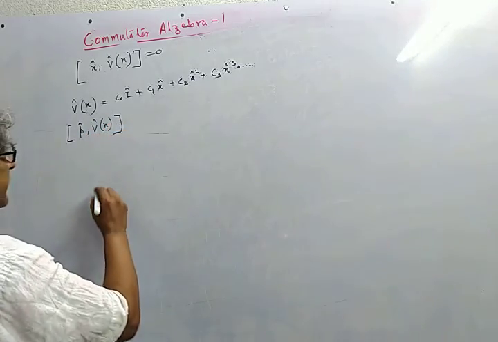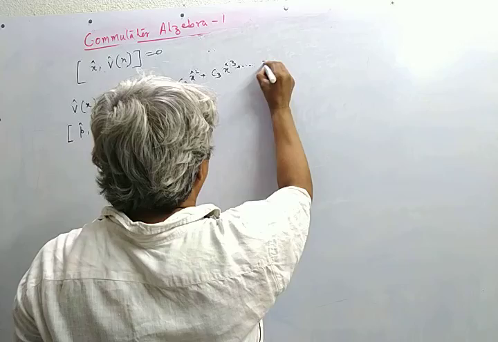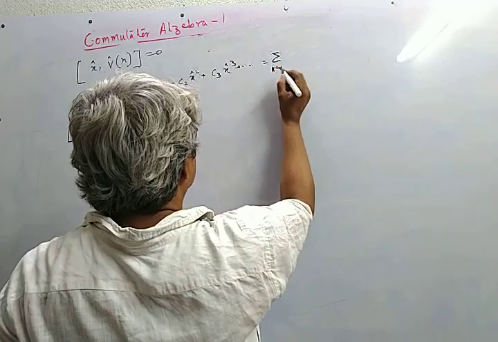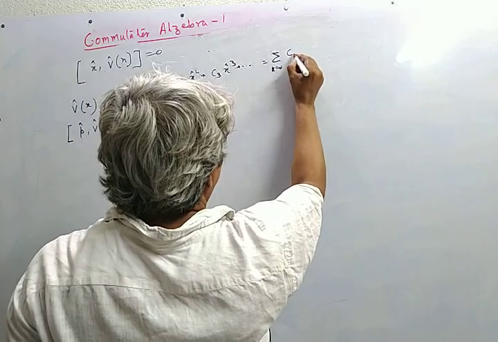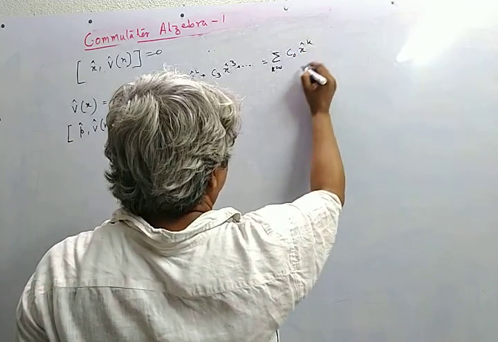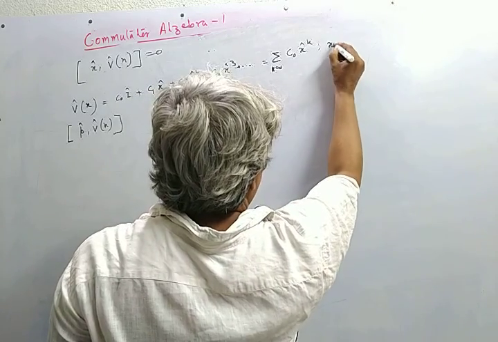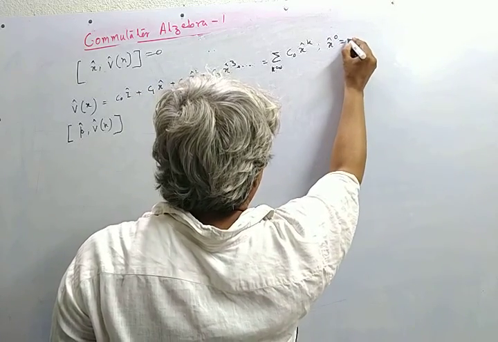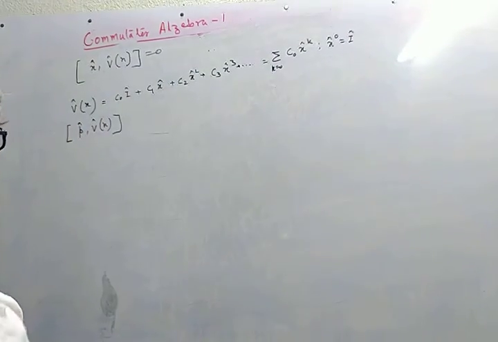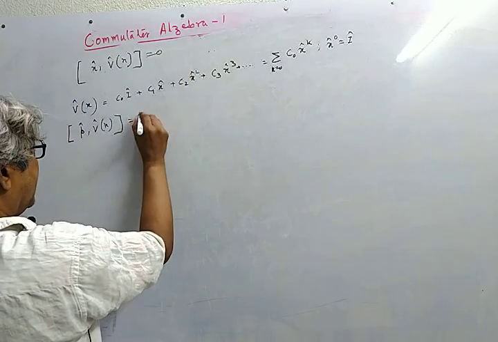Let me write it in a compact way, the sum over k equal to 0 of C0 x to the power k, where we identify x to the power 0 operator as the identity operator.